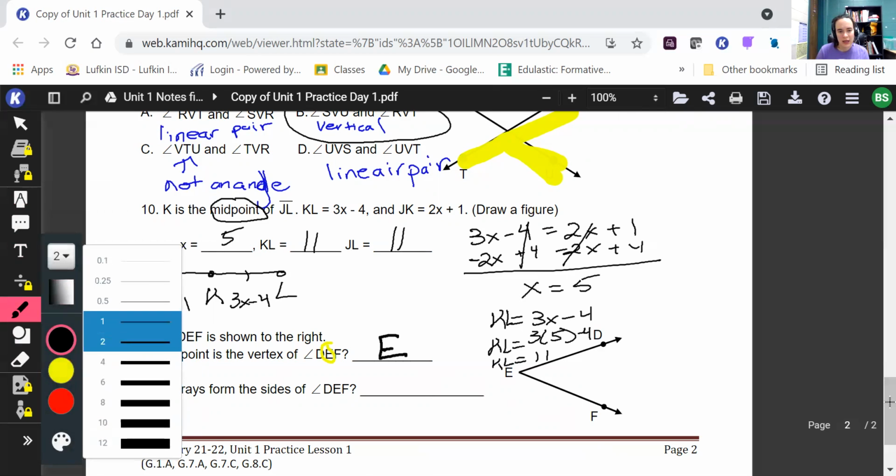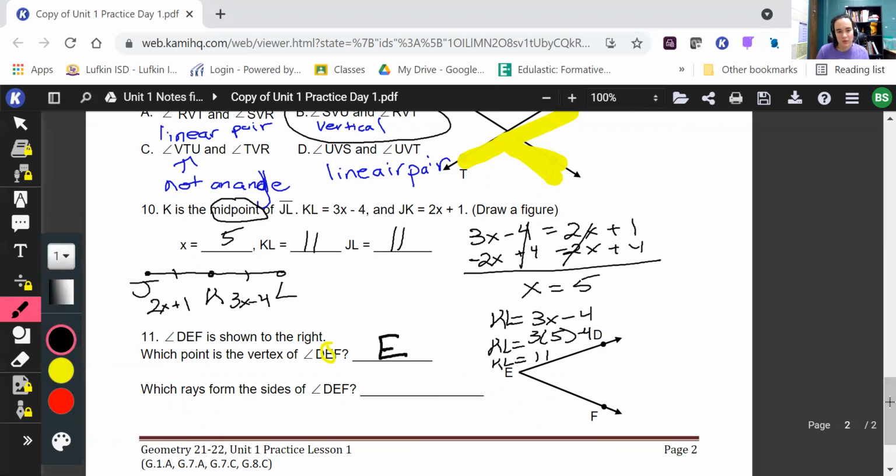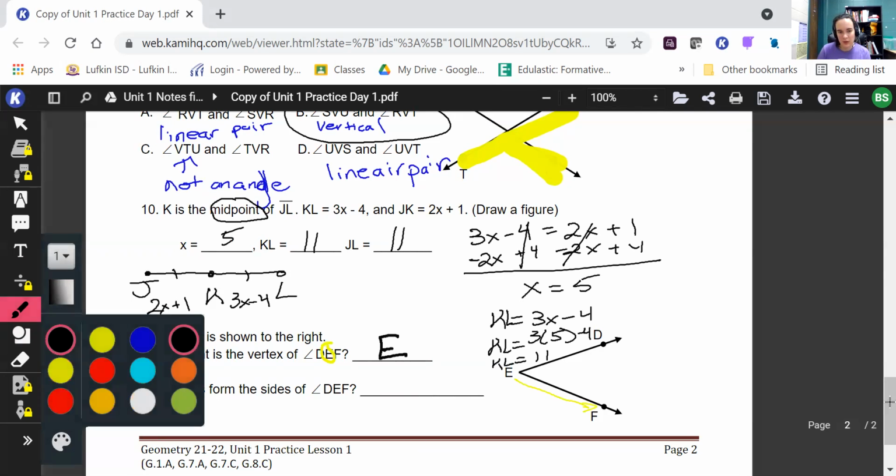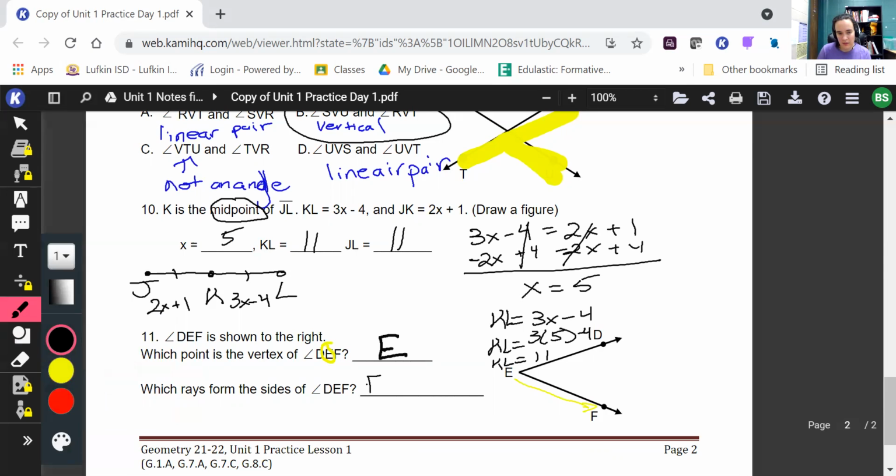Then we are asked which rays form the sides of angle DEF. Now this one is helpful if we look at the picture, but I don't have to. Picture tells me that we have to start at E and we're going to F. So we've got one ray is ray EF. Remember to put the symbol over top or write out ray EF.